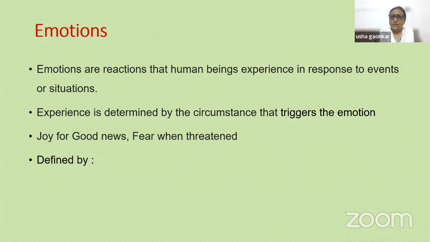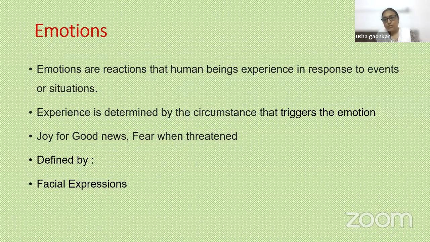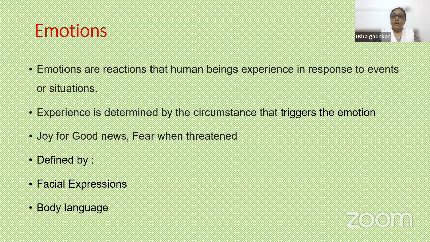There are three things that an emotion is defined by. One is a facial expression. Now you can see on my face that I'm excited to do this workshop, excited to meet with you all, excited to talk with you all, right? So my facial expression is that of excitement and happiness right now. Then my body language is that of wanting to share, wanting to give, wanting to meet people.